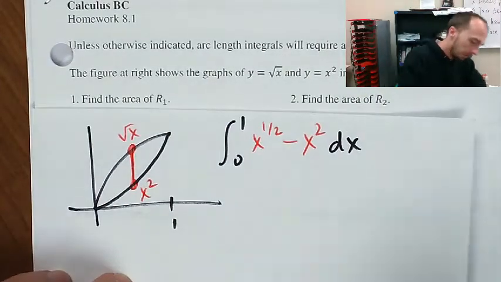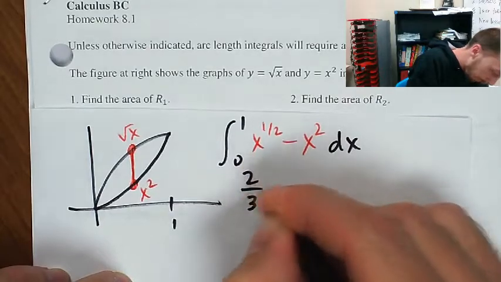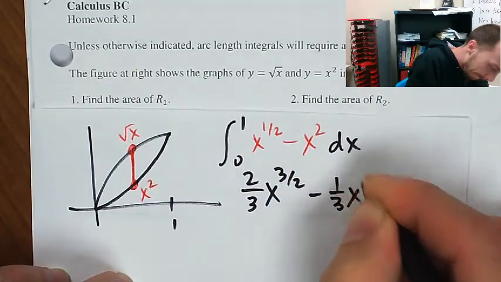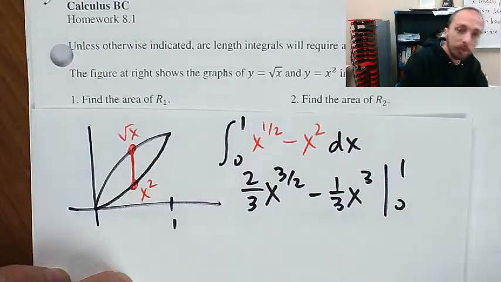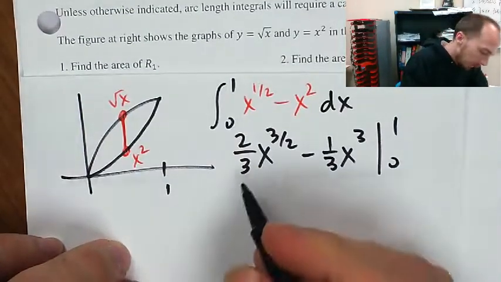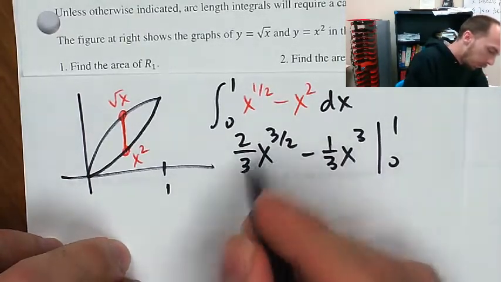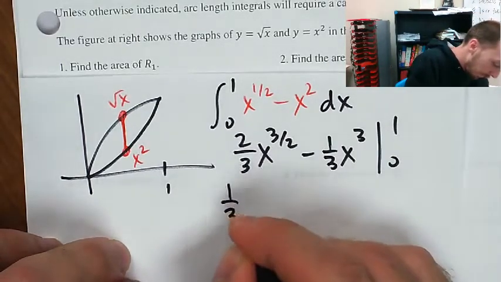And so I'm going to find an antiderivative, plug in 1, plug in 0, and subtract. So I'm going to say 2/3 minus 1/3. When I plug in 1, it's going to be 1/3.